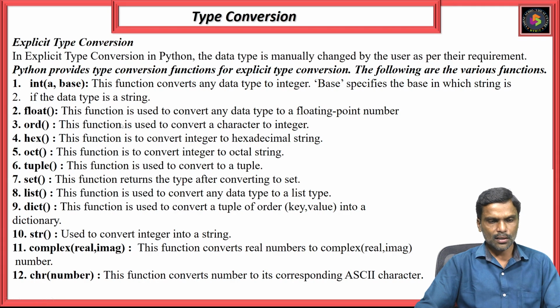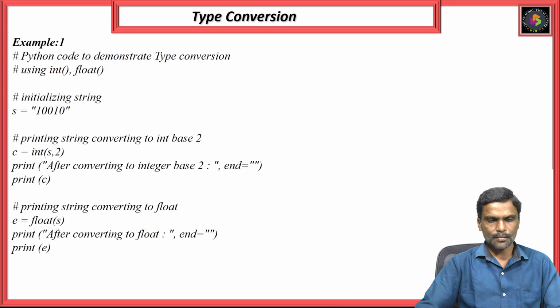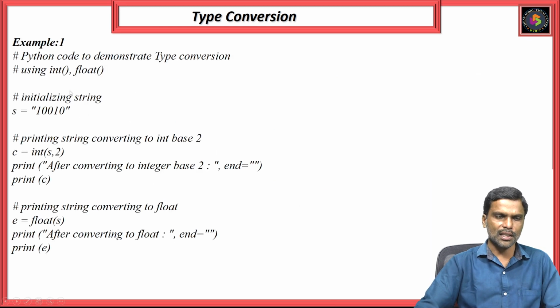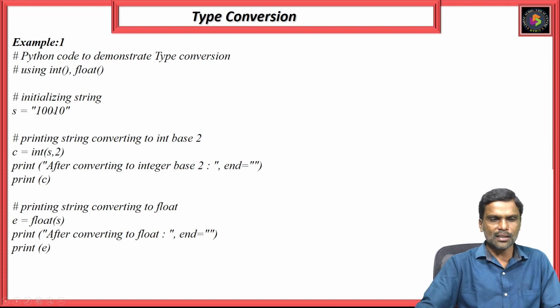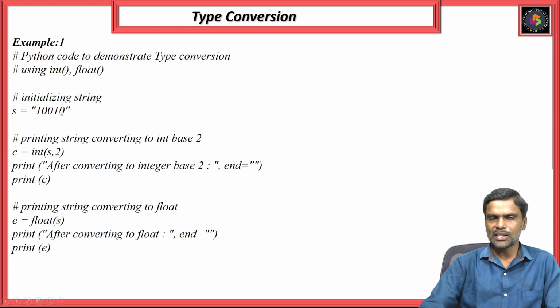You can see, students, here is Python code to demonstrate type conversion using the int and float functions. Here s is equal to the string I have given, that is 10010. It is not an integer as I have represented this in double quotes, so this is called a string. Then c is equal to int(s, 2).